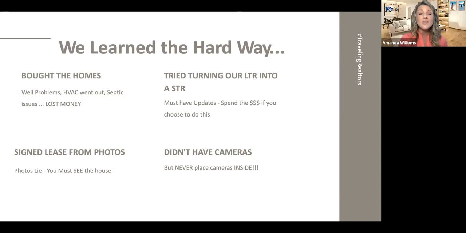We also tried turning some of our long-term rentals into short-term rentals, and we found out very fast that it was going to cost around $20,000 per property to get these properties up to a state where we would feel comfortable having them on Airbnb, because most landlords have long-term rental properties that are not really short-term rental ready, meaning they're not updated, the paint's not gorgeous, the floors may have some not gorgeous areas.